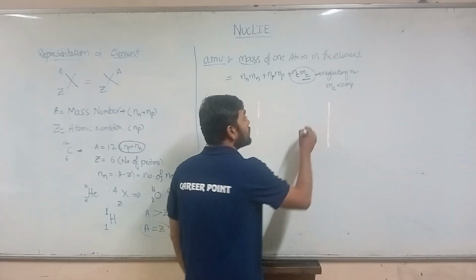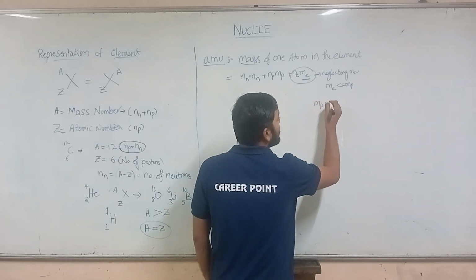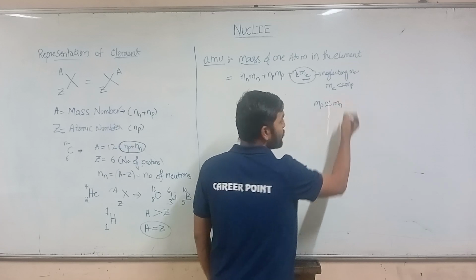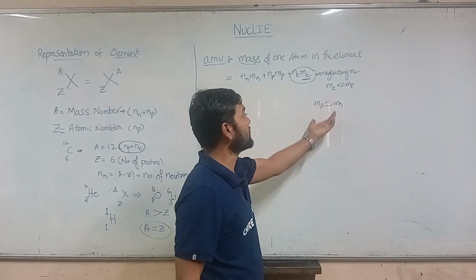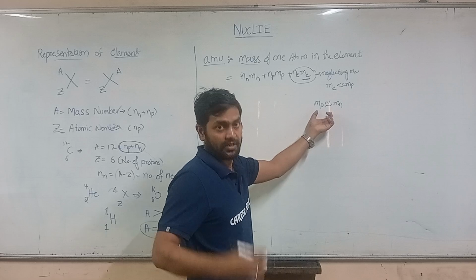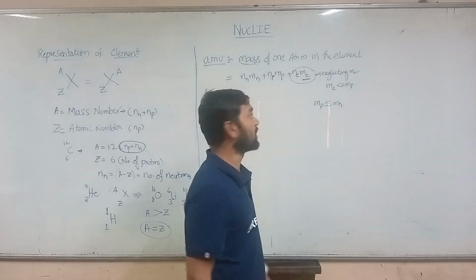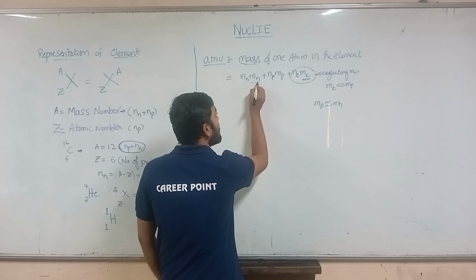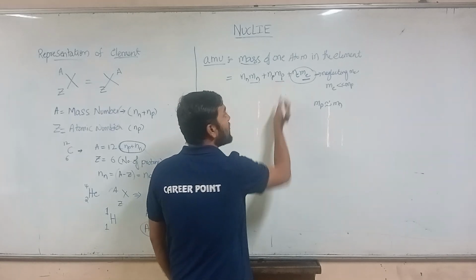Next, we know that the mass of the neutron is equal to the mass of the proton.